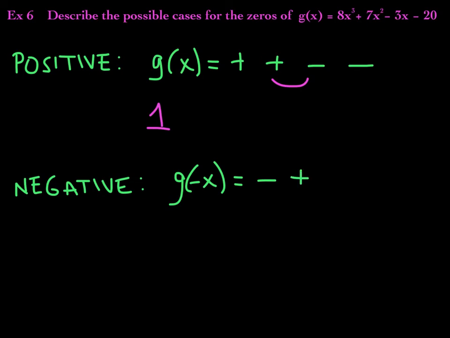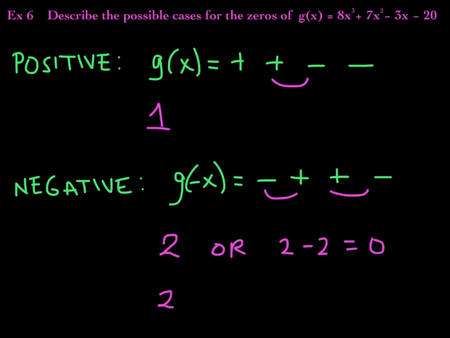It turns this term positive, and then the last term is constant at a negative. So counting the sign changes, I have 1, 2 sign changes, so then I'll either have 2 negative zeros or 2 minus 2, which is 0, right? So as far as negative zeros go, I either have 2 or I have none at all.